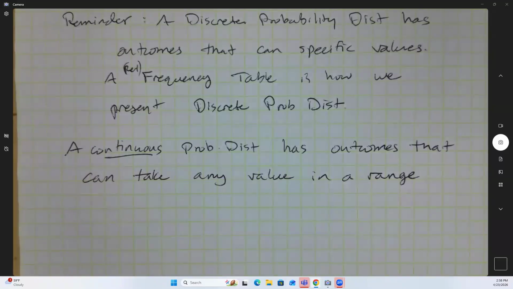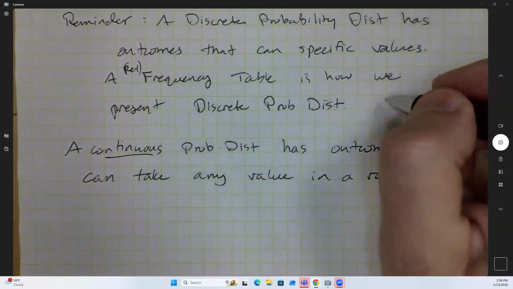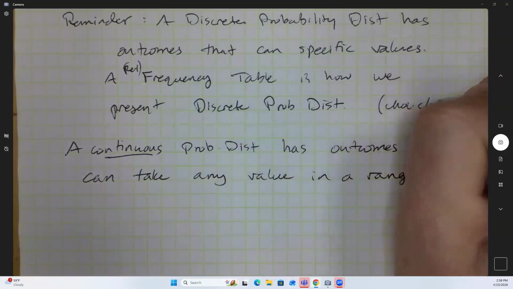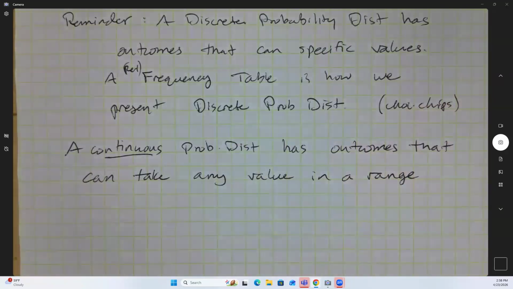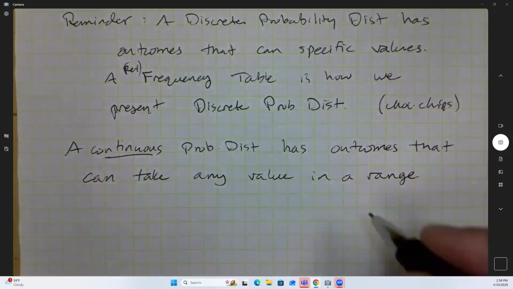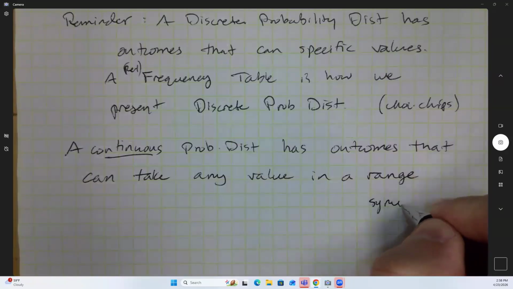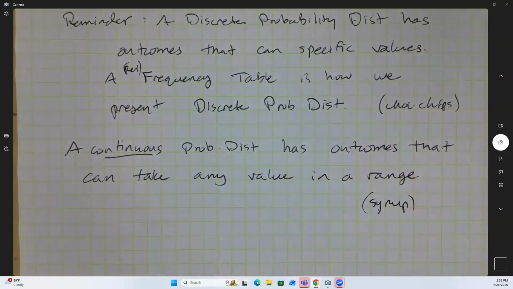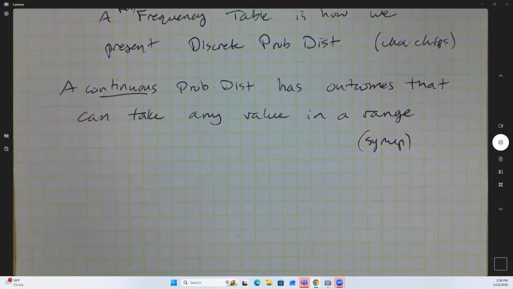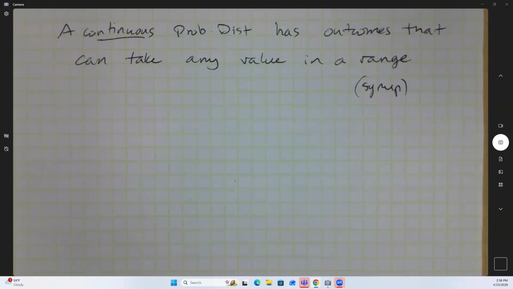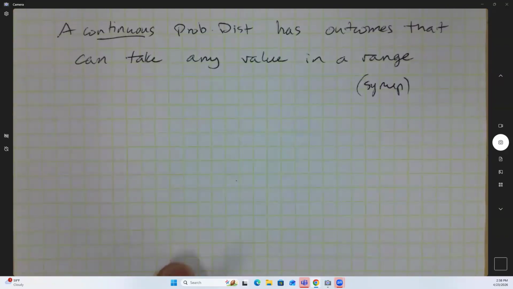Who here prefers blueberries on your pancakes versus chocolate chips? Okay, so a discrete probability distribution is like chocolate chips on your pancakes. They're individual chocolate chips. A continuous probability distribution is like pouring syrup on your pancakes. You've got this nice spread of syrup that covers that whole range. If that helps you think about the difference. Also, if you ever take another math class, that might come up as well, and I find that to be a useful analogy.